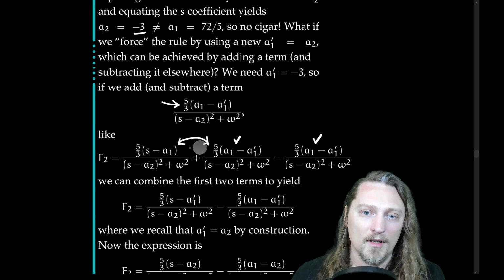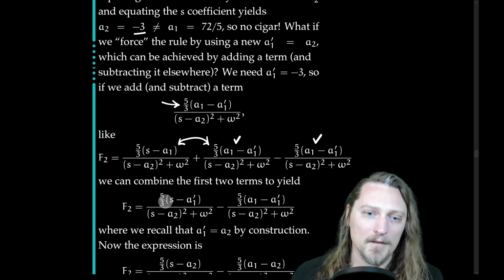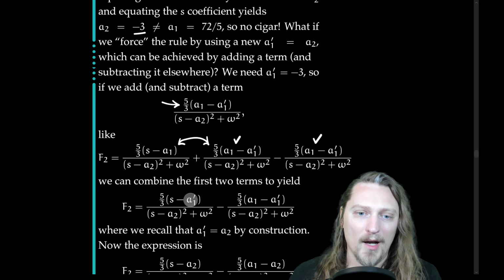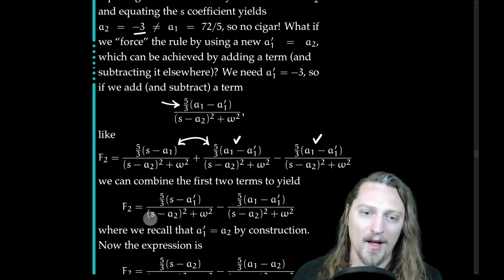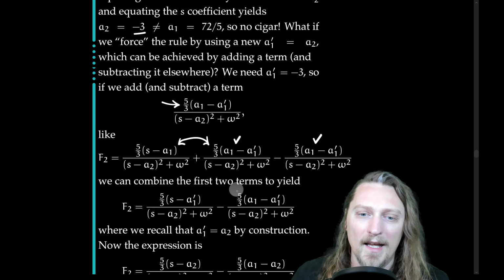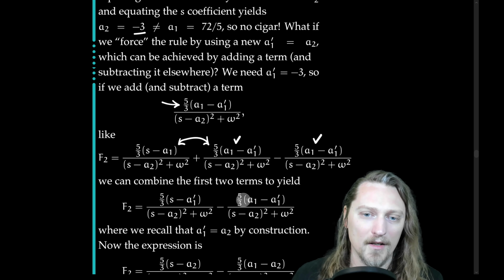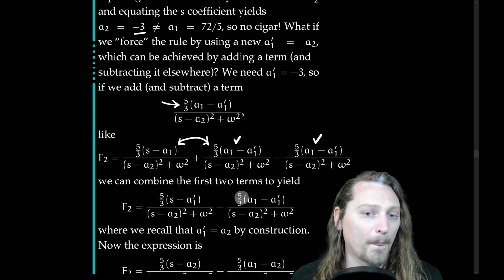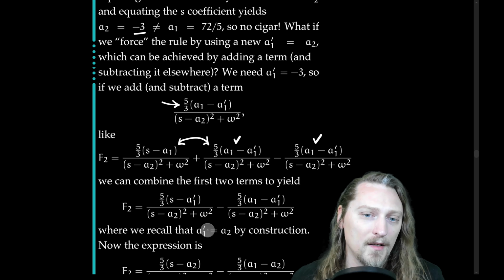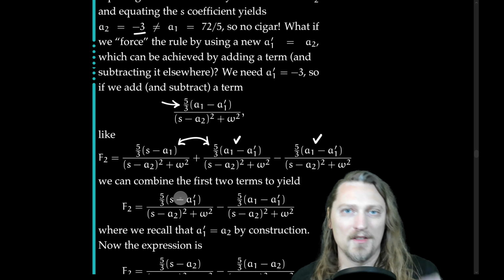So we have s minus a1 prime. Everything's multiplied by 5/3, so we can factor that 5/3 out. And you're left with 5/3 s minus a1 prime divided by s minus a2 squared plus omega squared. We have this term, the subtraction term. These two absorbed together, but this one's still left hanging out here, so we have to make sure we remember it's there. Remember, we designed this so that a1 prime is equal to a2. So this expression on the left is exactly what we need.